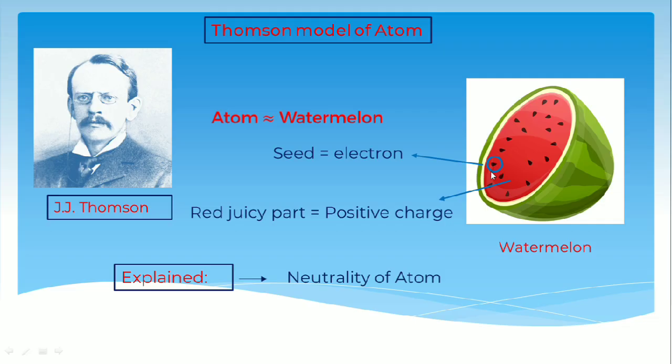So this model is also called the watermelon model. What it explains is the existence of electrons and also the electrical neutrality of the atom.